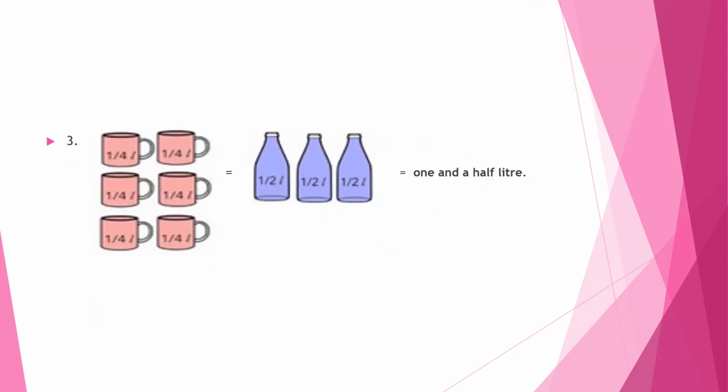And what if we have to make 1.5 liter of water? How many 1/4s do you need? We would need to add. Okay, we could either add 1/4 3 times, and it's going to give us 1.5 liter of water.